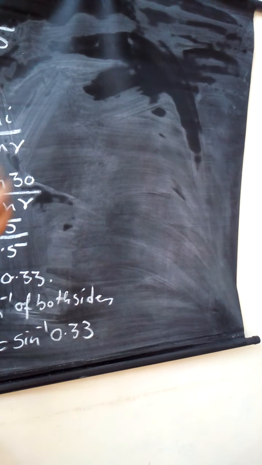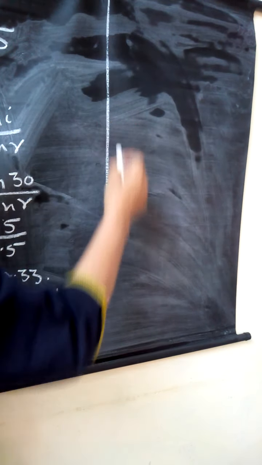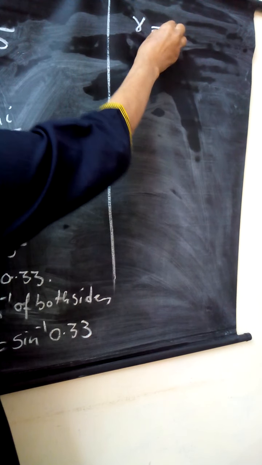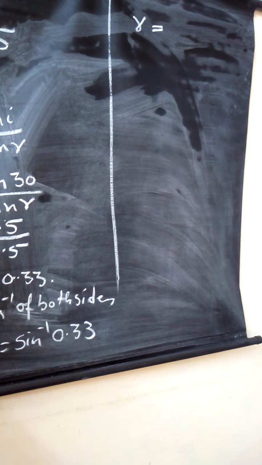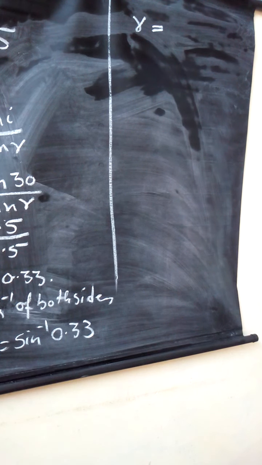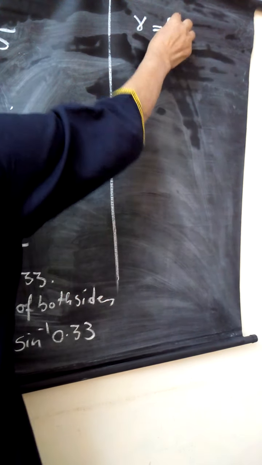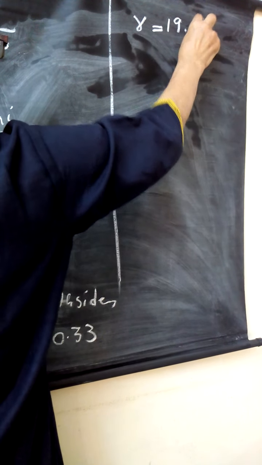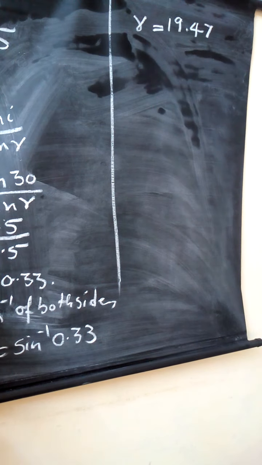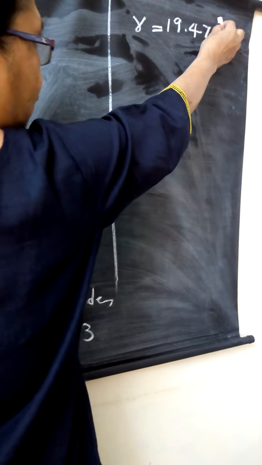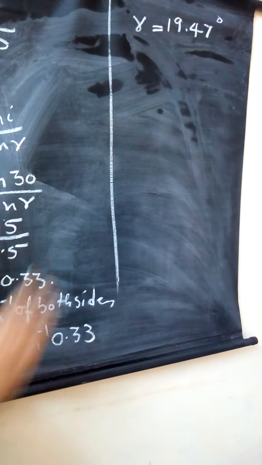Sine inverse and sine will get cancelled. So you have R is equal to, using the calculator, calculating sine inverse of 0.33 will give you the answer R is equal to 19.47. R is angle of refraction, so the unit for this value will be degree.